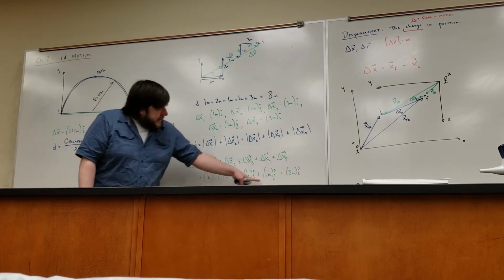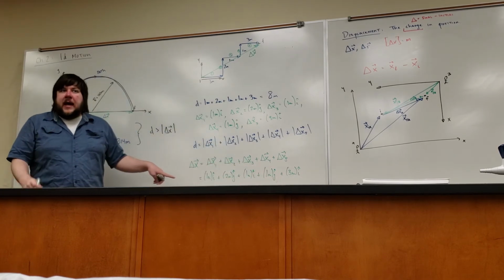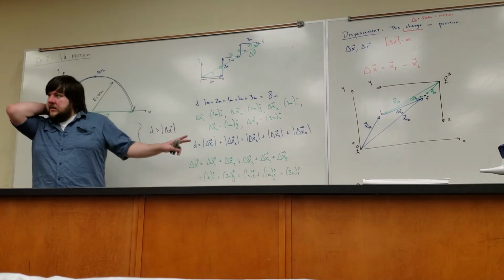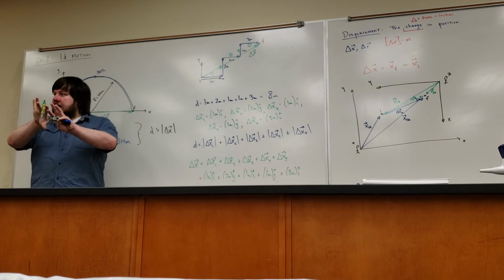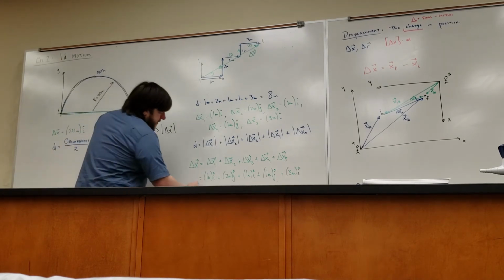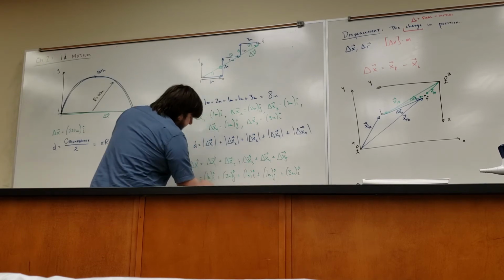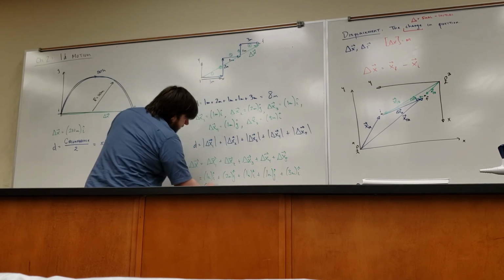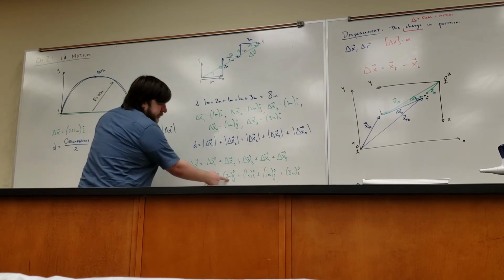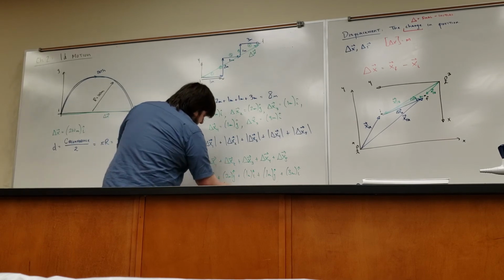How do you simplify this? Combine the i's, combine the j's, but you keep i's and j's separate. So 1i plus 1i plus 3i is 5 meters i hat. 2j plus 1j is 3 meters j hat.